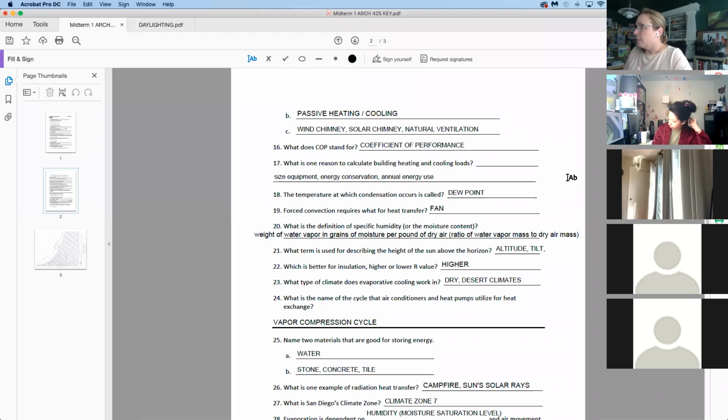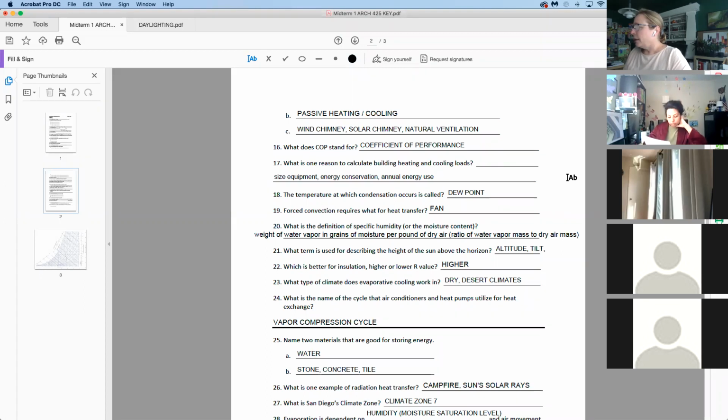And this is going to become more and more important for you guys throughout your careers, as more and more projects are going to become more net zero energy projects. So knowing what your annual energy use is key in order to be able to size your on-site generation appropriately.